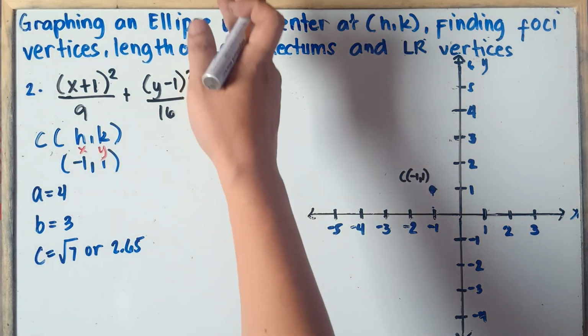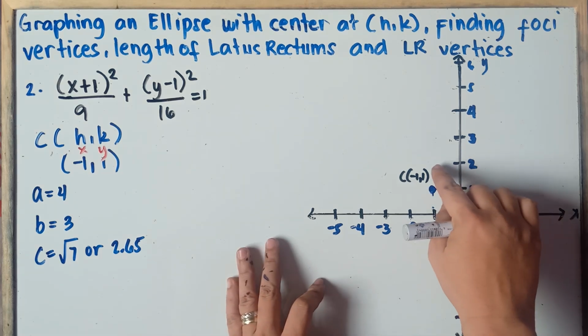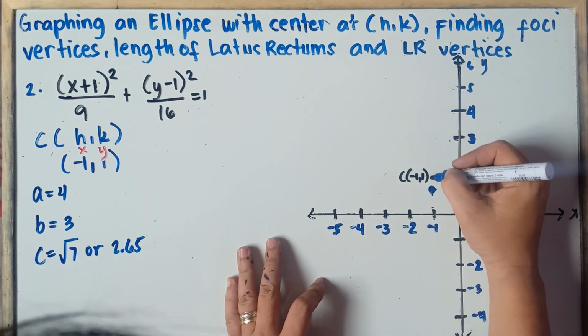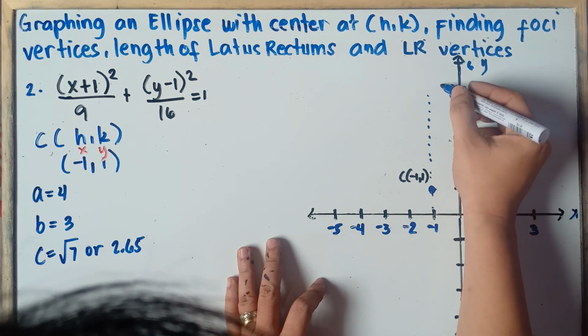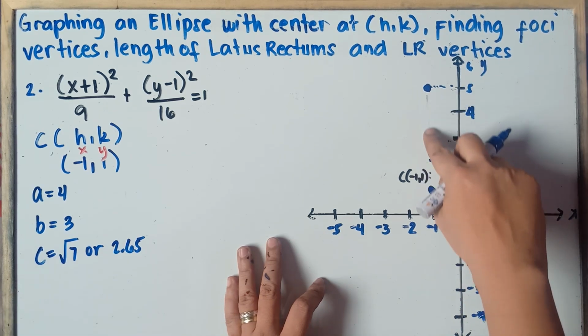Therefore, we move 4 units upward and then 4 units downward, starting from the center, class. So 1, 2, 3, 4. So this will be our first point for the major vertex. Once again, let's do it step by step.